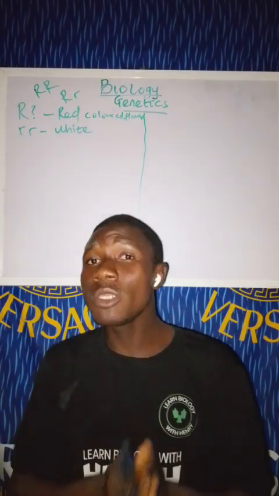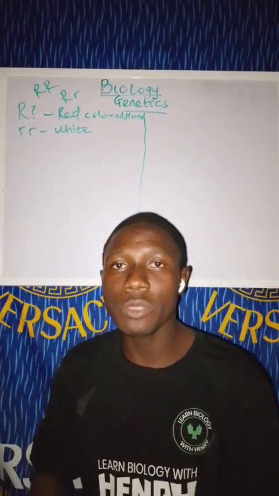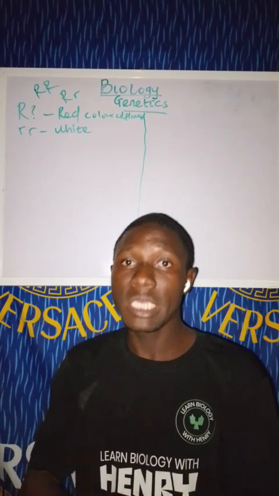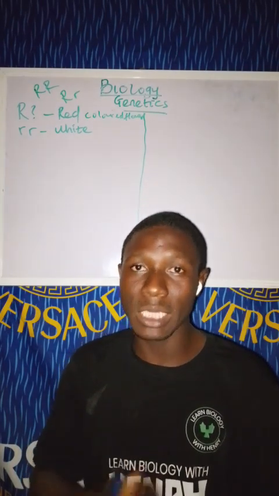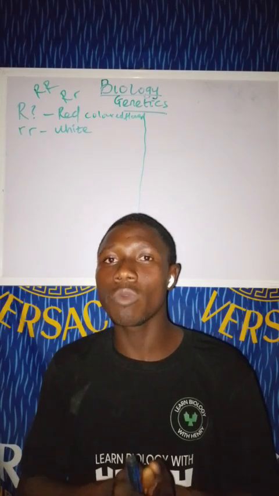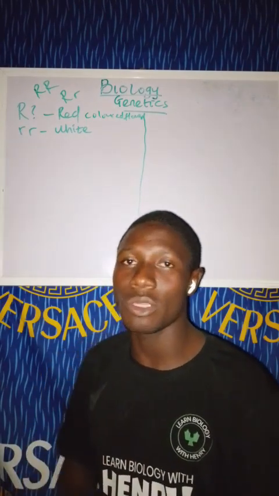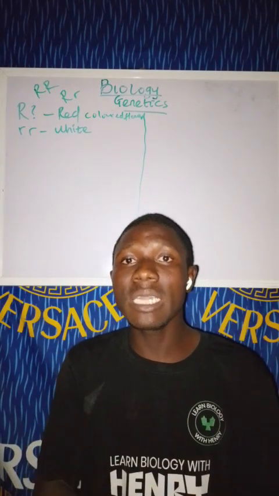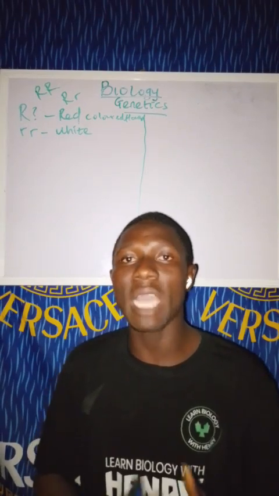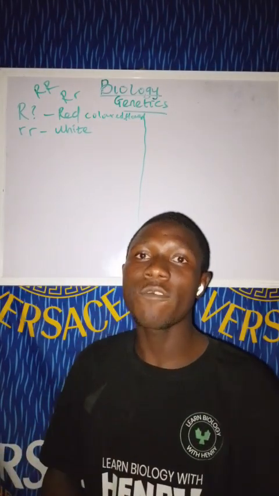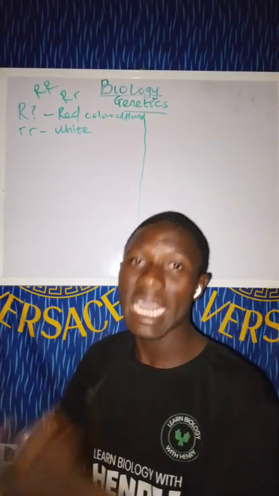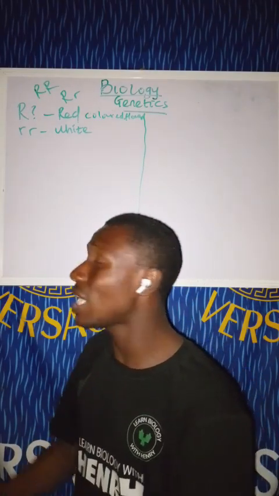If all the offspring produced from the crossing express the dominant character, that is, all the organisms are red in this case, that organism is said to be homozygous for that trait under consideration. But if half of the offspring produced are white and half are red, the organism is said to be heterozygous for that same trait.